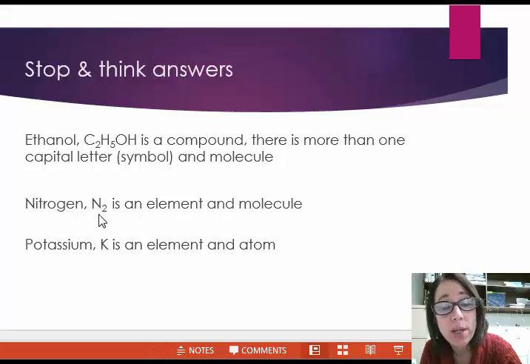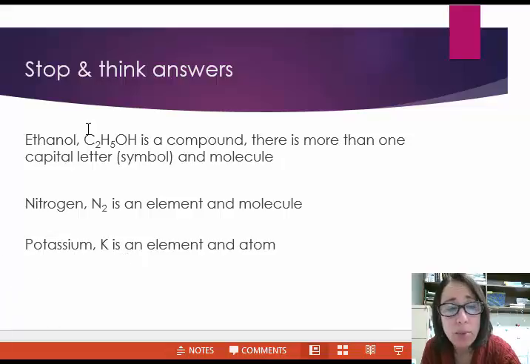Nitrogen has 1 capital letter, so we know it's an element, and because the formula has a subscript of 2, we know it's a molecule. Each molecule has 2 nitrogen atoms. The symbol of potassium listed has only 1 capital letter, so it's an element, and since there's no subscript, this represents an atom.